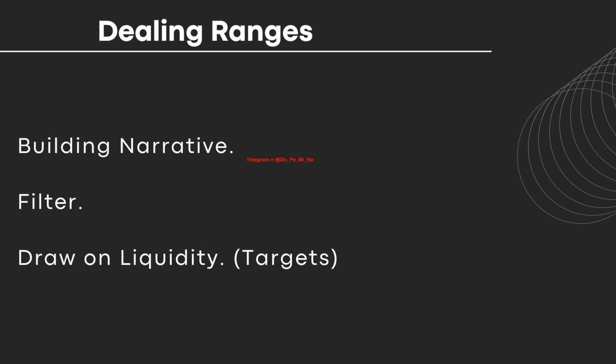The third aspect of the dealing range is that it can be used for determining and refining your draw on liquidity. Let me tell you how. For example, if we are in a bullish market condition and you've got a bullish dealing range, we know that in a bullish market condition, price will tend to retrace to a discount key level before moving higher.